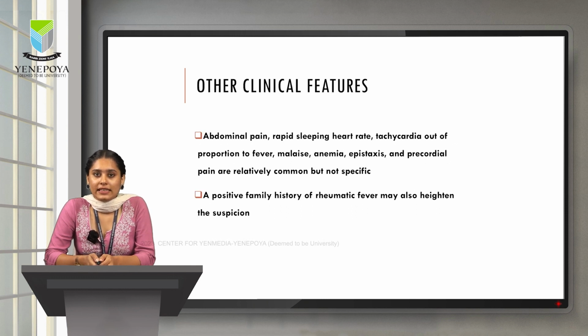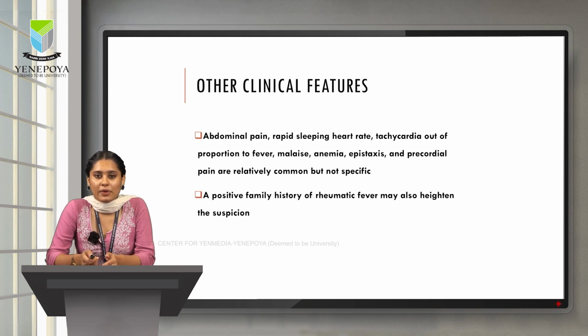What are the other clinical features you are supposed to look into when you are seeing acute rheumatic fever? Abdominal pain, if the patient is complaining of it. A rapid racing heart rate, that is tachycardia, will be present, and also malaise, generalized weakness, anemia, epistaxis and precordial pain are relatively common, but they are not very specific to rheumatic heart disease because these will usually be present in other conditions as well.